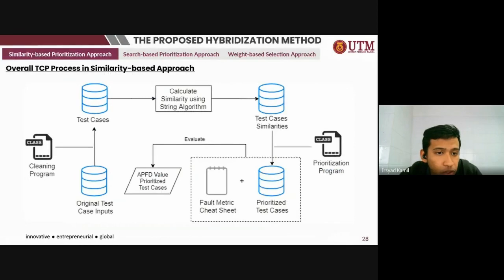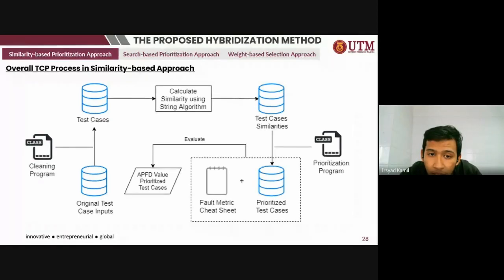Okay, this is the overall prioritization process for similarity-based. Originally the test case inputs are not ones that we can understand. So first I apply the cleaning program, and from there I can generate test input strings. Then I apply the string algorithm to find the similarity.